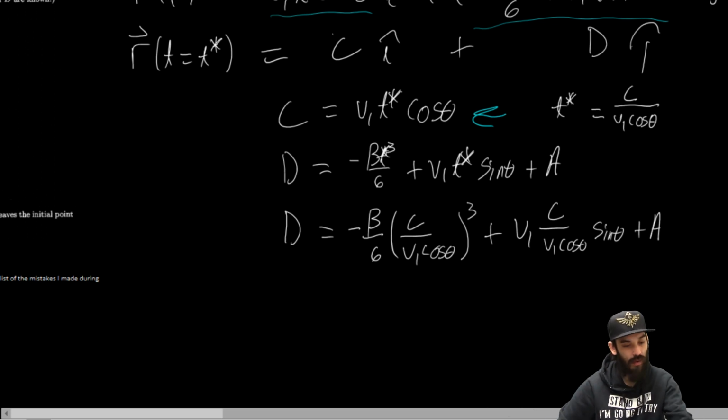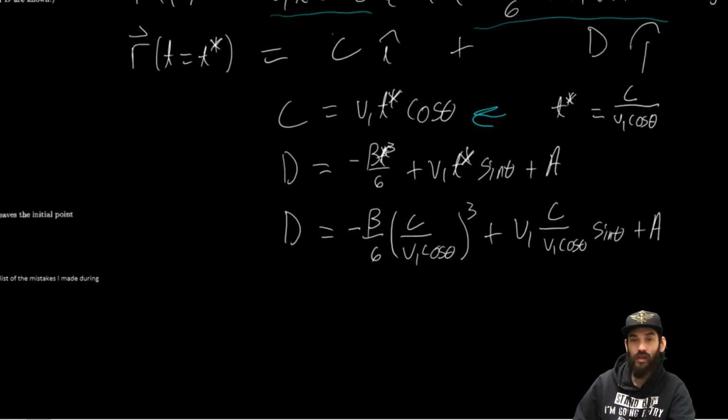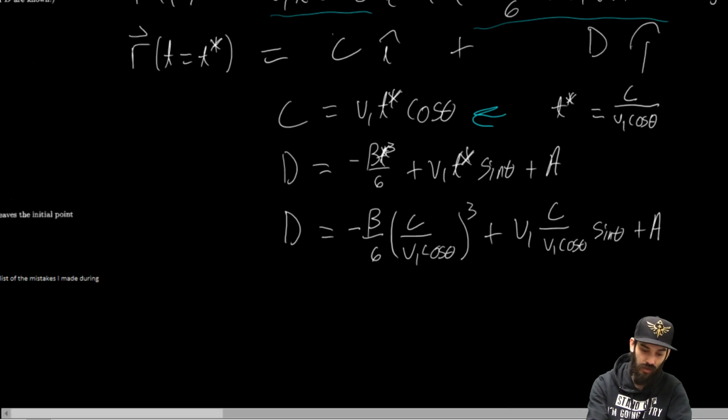Now, what we want from this equation is to solve for v1. Easier said than done, but something to notice is that this v1 and this v1 are going to cancel.